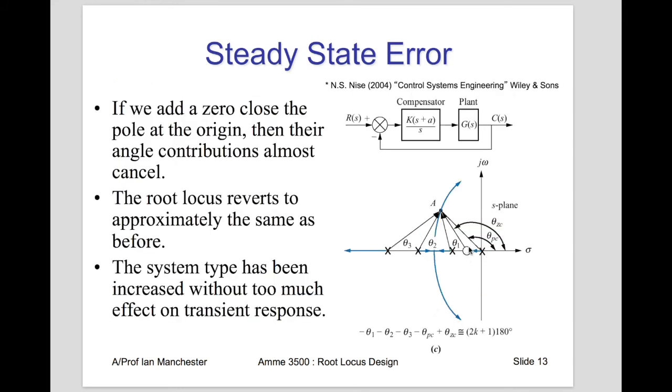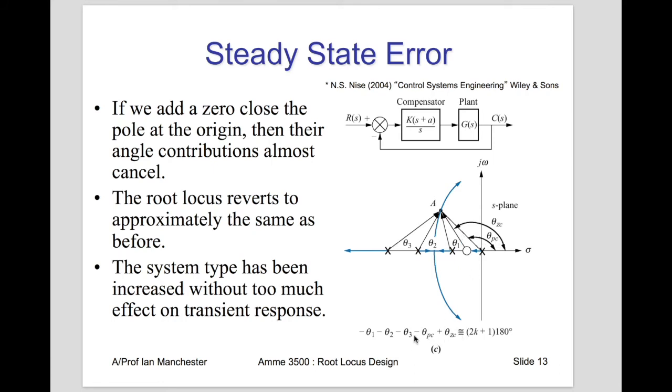Basically, if you introduce, as well as the pole at the origin, a zero close to the origin, then we've got minus theta from the pole of the controller, plus theta from the zero of the controller.